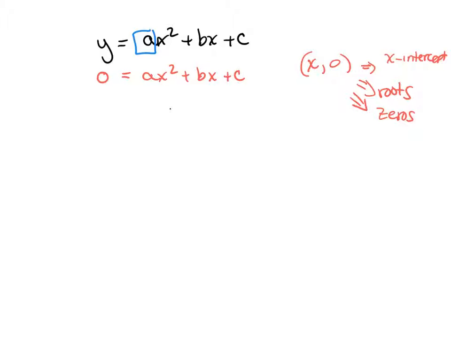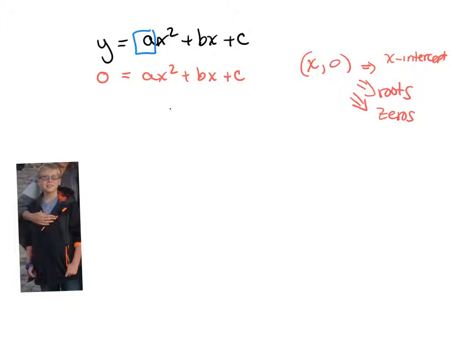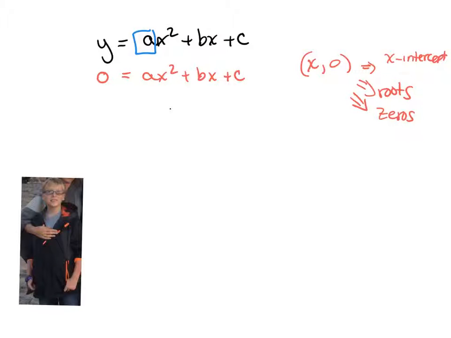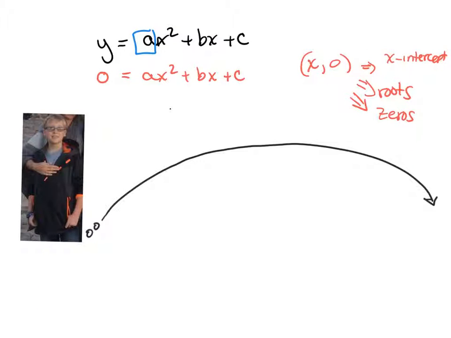For example, if I was to have Colin throw a ball and that ball was thrown in this direction, it would actually follow a parabolic shape. And with that parabola, there's a couple of things that you can discover. Let's say he kicked the ball so that it starts off at the ground.